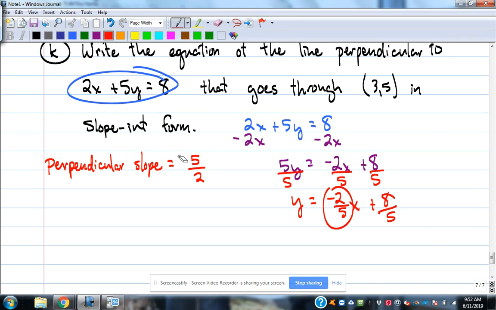So this is the perpendicular slope. This is the one we need to use to write the equation of that line. Okay? So we're going to start with the ordered pair and the slope, which technically is point slope form.